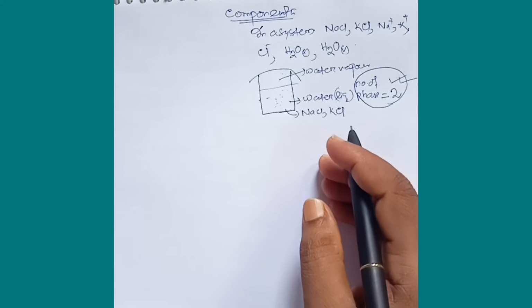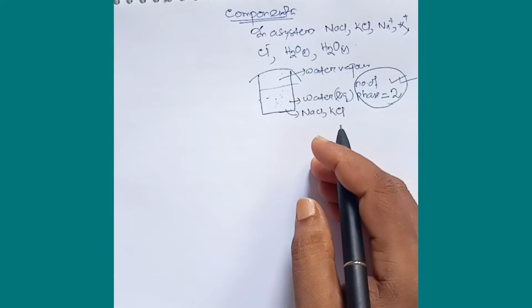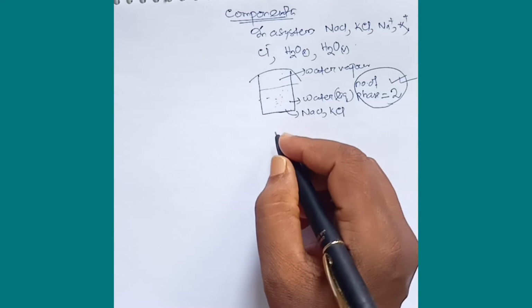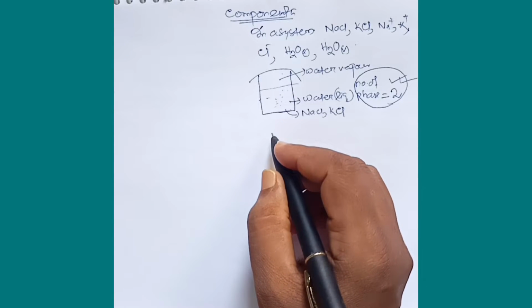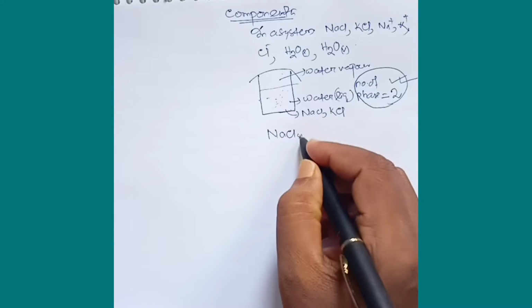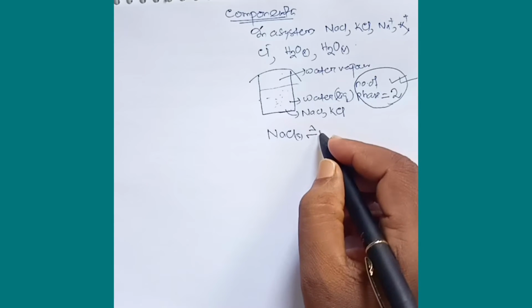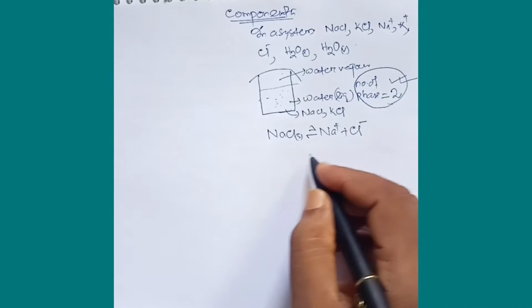Now our point of discussion is how to define the number of components in a given system. So let's write the different equations. NaCl when dissolved in water will furnish Na+ ion and Cl- ion.